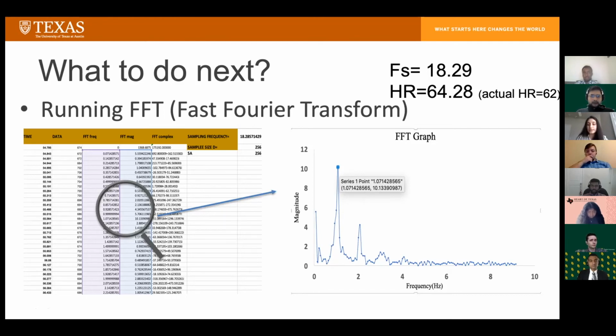So the heart rate in this case is going to be 64. And after we ran the PPG, the actual heart rate of the 40-year-old man was 62. So these measurements were really close to the actual heart rate, which enables us to see that they are reliable.